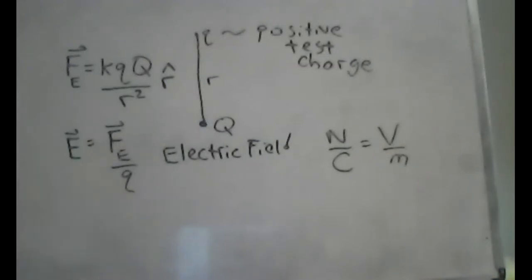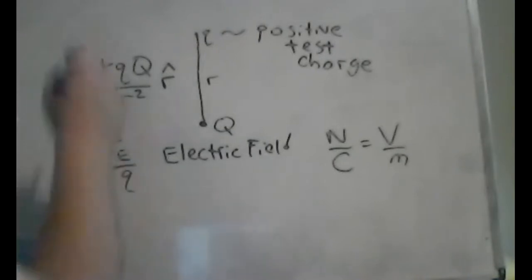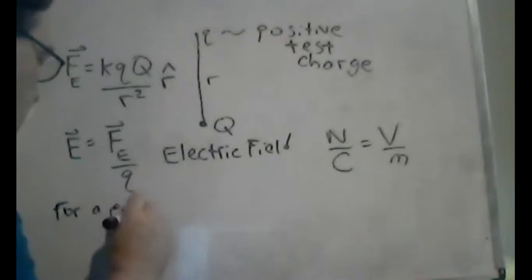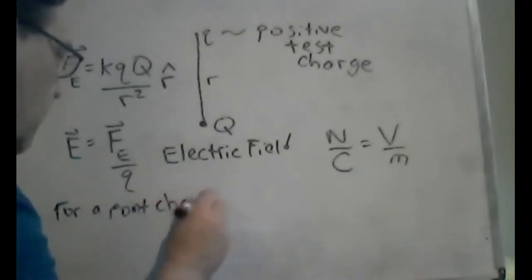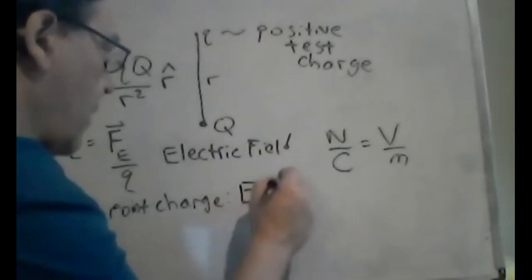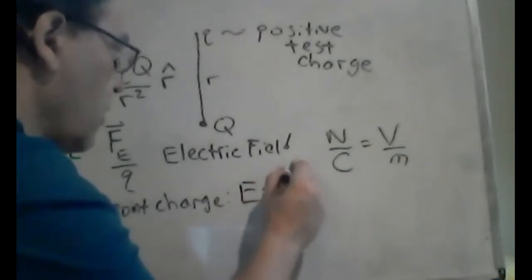And so, what would the electric field be for a point charge? Well, for a point charge, real easy. I told you electric field is the electric force divided by the test charge.